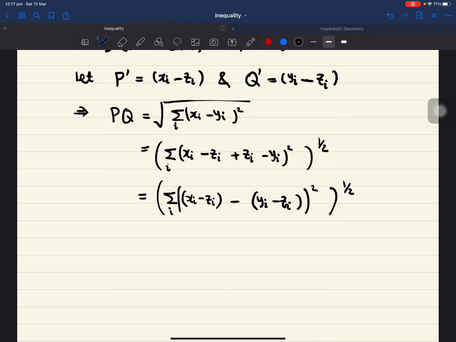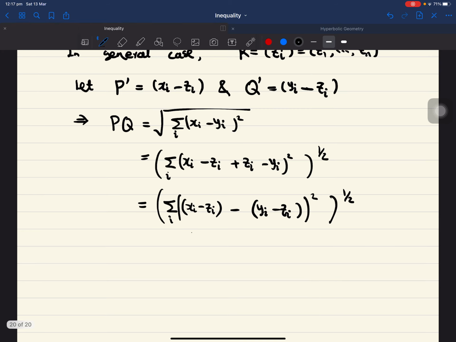And keep in mind, this xi minus zeta i is P dash and yi minus zeta i is Q dash. So that is actually the distance of P dash and Q dash.